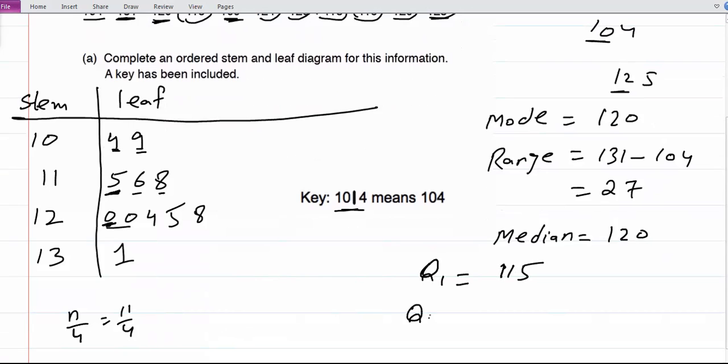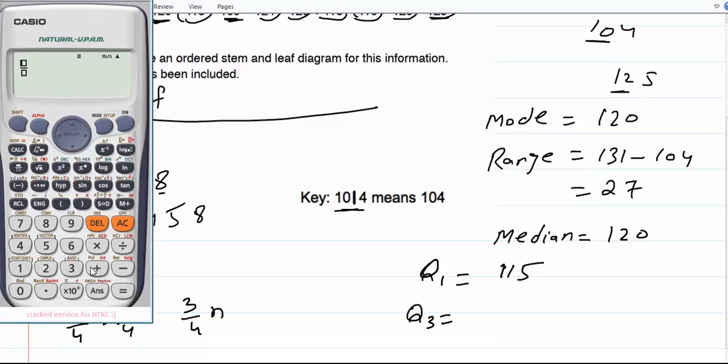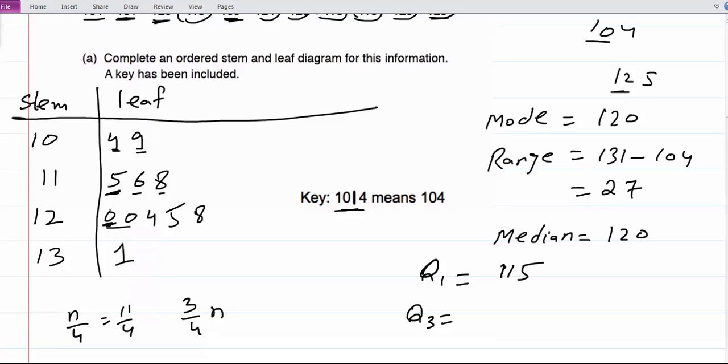Okay, Q3. Q3 is the 3/4 of the n. If we take the 3/4 of the n, so 3 over 4 multiplied by n. N is 11. 8.25. Decimal number, so move to the next, 9. Meaning the ninth value. 1, 2, 3, 4, 5, 6, 7, 8, 9.